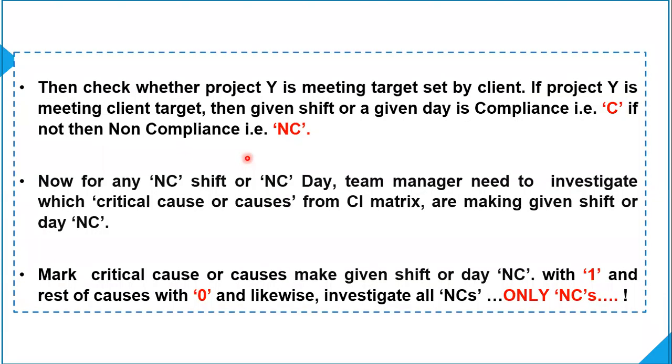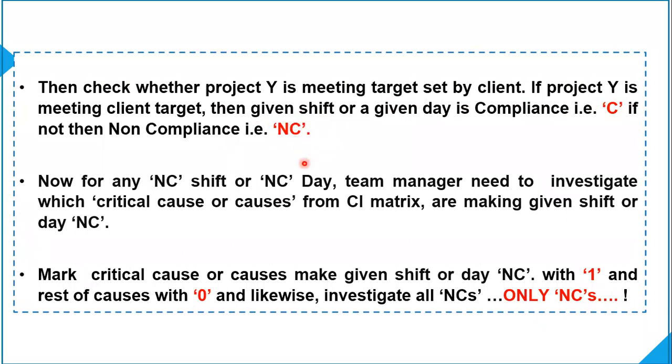Right. So all we're supposed to do, once you imagine yourself as a supervisor or assistant manager, especially supervisors will normally do it, is check whether project Y is meeting targets set by the client for a given shift. If project Y is meeting the client target, then the given shift or given day is compliance. You just mark it with C, and if not, it is NC.